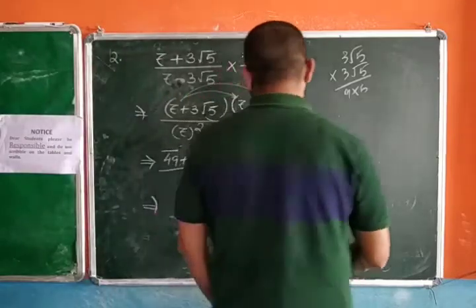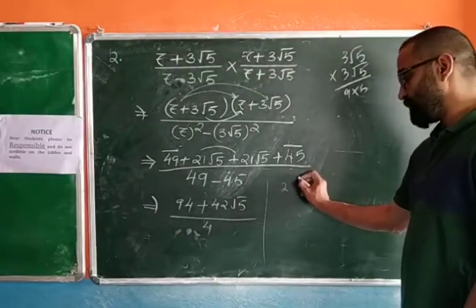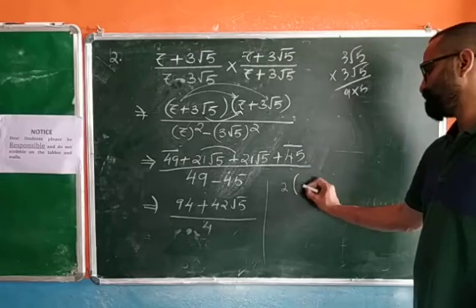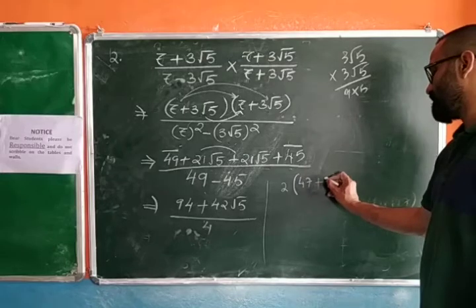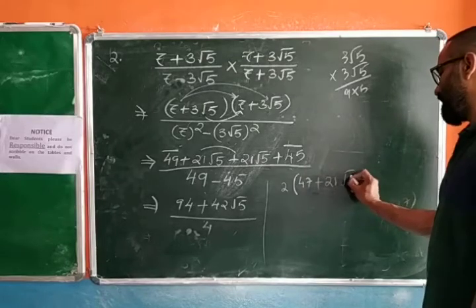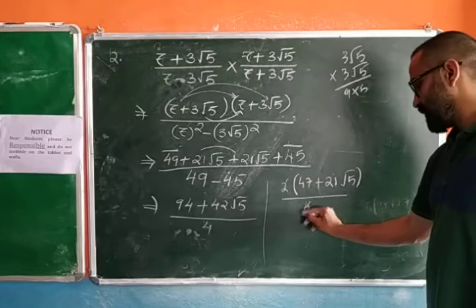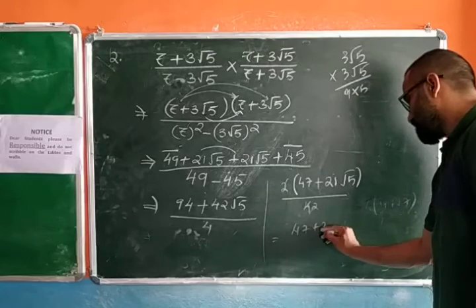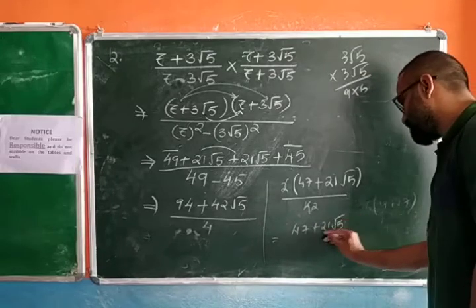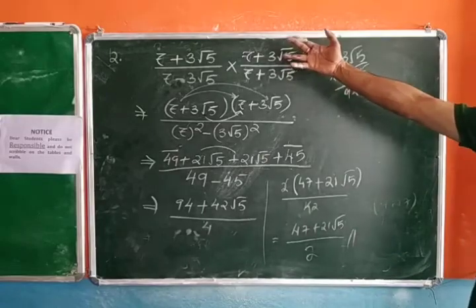Take 2 common at the numerator, and you get 2 times (47 + 21√5) divided by 4. Cancel it, which equals (47 + 21√5) divided by 2. This is the simplified value of the given surd.